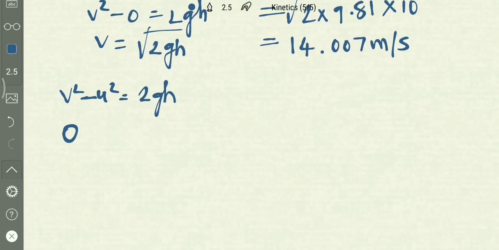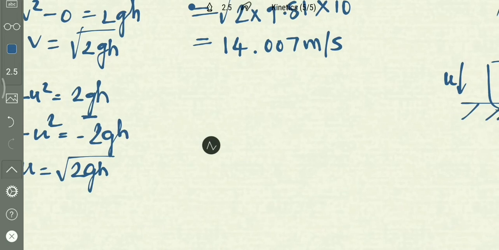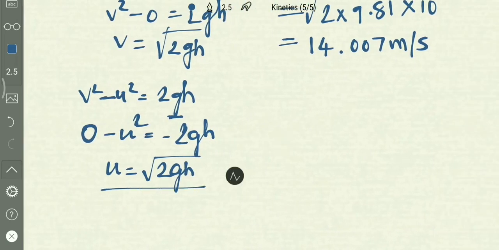The final velocity is 0 minus u squared, with u the velocity with which the body is thrown up, and g will be negative because it is traveling against gravity, which means it is moving with a retardation and not acceleration. So u will be the square root of 2gh. In this kinematic equation, the initial velocity with which the body is thrown up is the square root of 2gh.